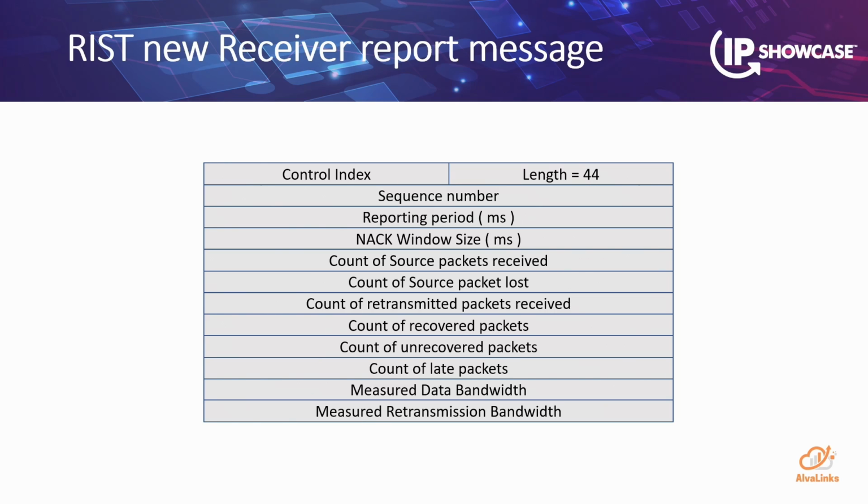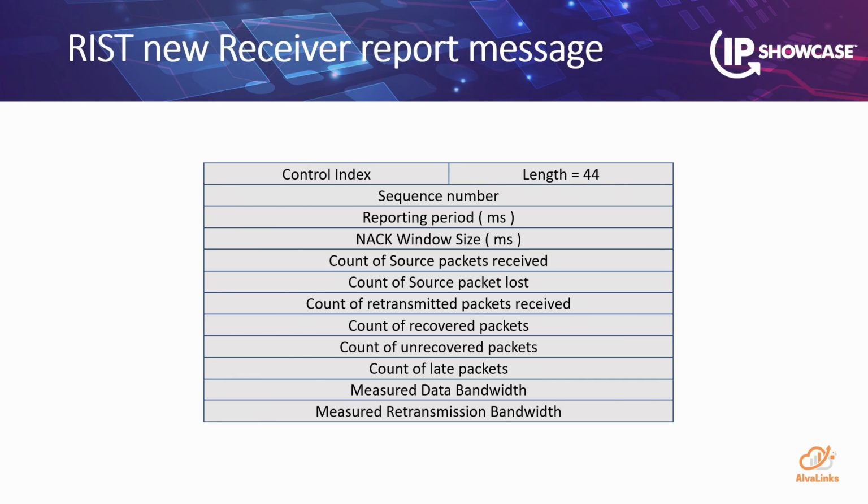Count of the source packets received, count of the source packets lost, how many packets were not received, which are original packets, meaning not retransmitted packets. Count of retransmitted packets that were received, how many packets we were able to recover during that period, how many packets we couldn't recover in that period. It is specific to the period, not to the whole 24 hours and beyond.